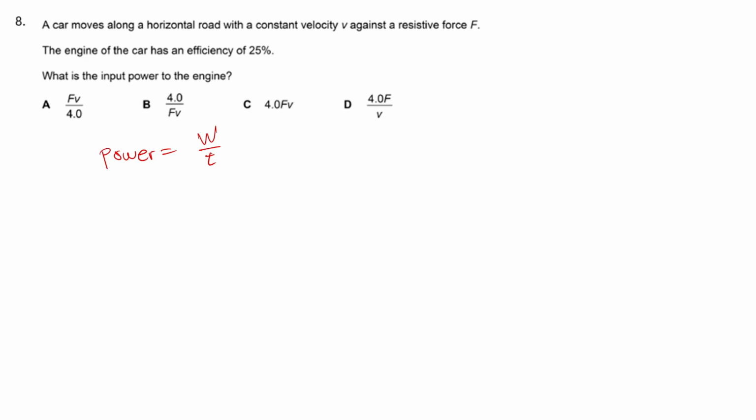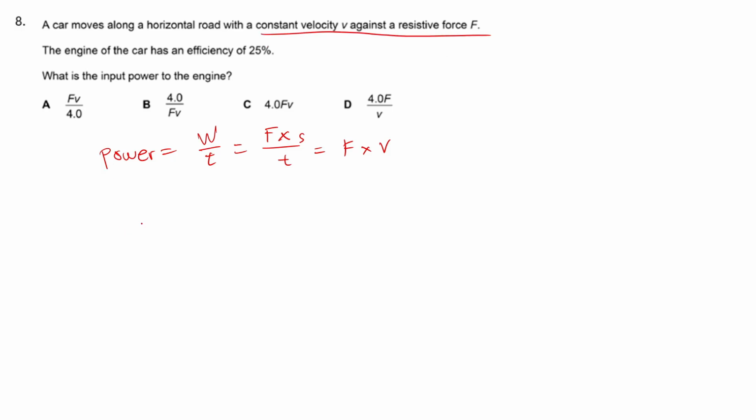So you can actually convert this into force times distance, or it should be s, over time, right? So then this is equal to force times s over t, which is actually velocity. So our power in this case is F times v, which is actually given to us here.